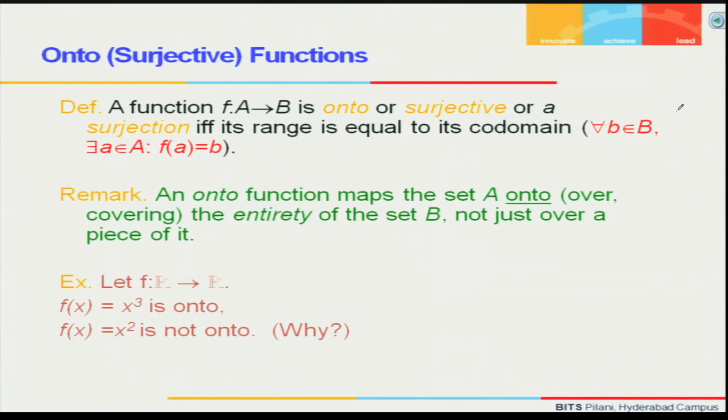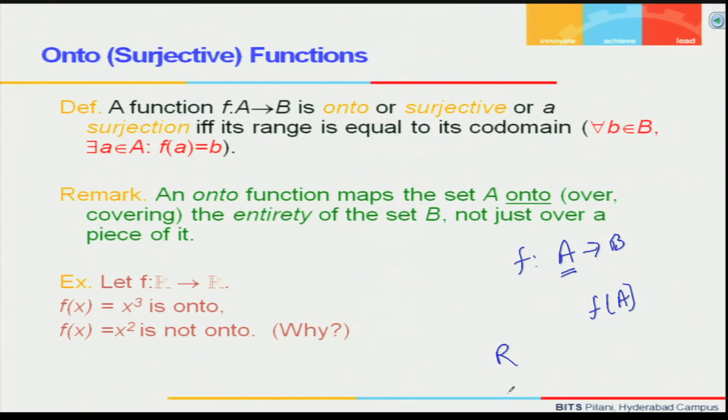Now we will see another kind of function, that is the surjective function or onto function. Let f be a function from A to B. The range of A, we can also write as f(A). What is the range? All the images of A, that is the range.